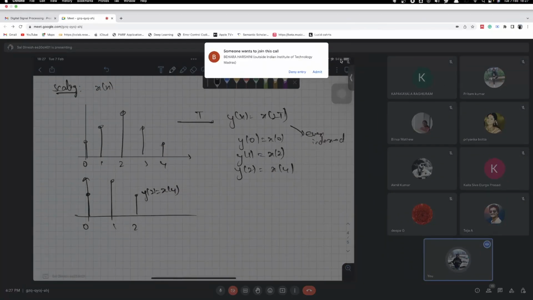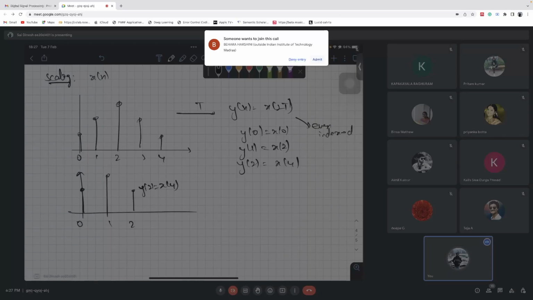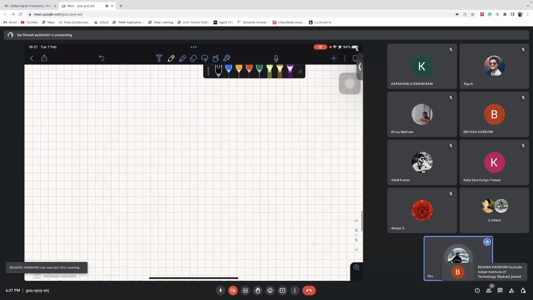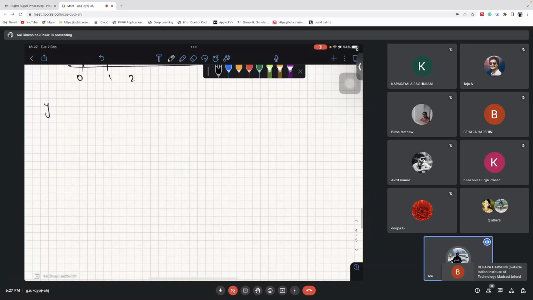For example, if you have a signal y of t, it is a continuous time signal. So we have y of t is x of at plus b, which is an affine transformation on x. Can we get back x of t? Yes, we can.